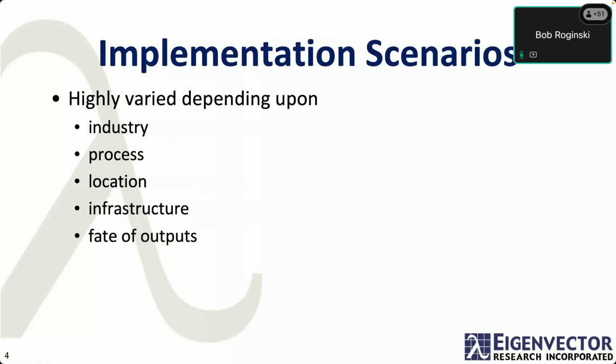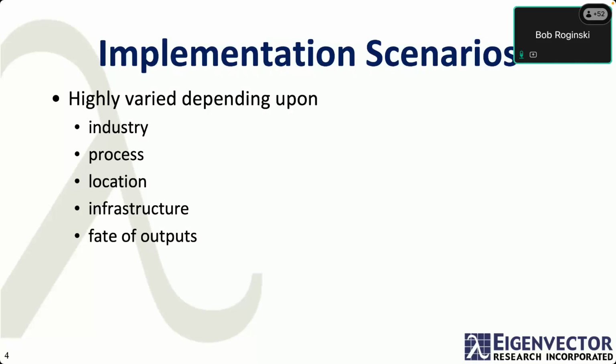The scenarios are highly varied and depend on the industry: food, pharmaceutical, petrochem, semiconductor. The needs are varied across all of those different industries. Your implementation is also going to depend upon the process that you're actually monitoring within that industry. Your implementation is likely going to depend upon the location and infrastructure.